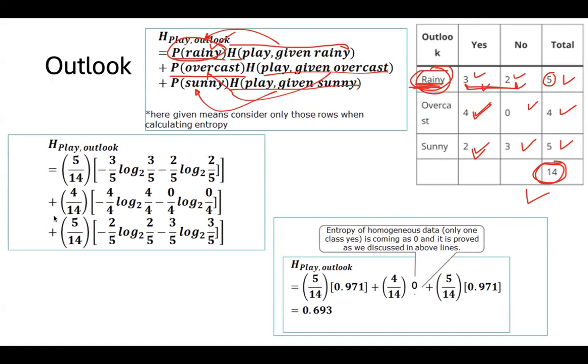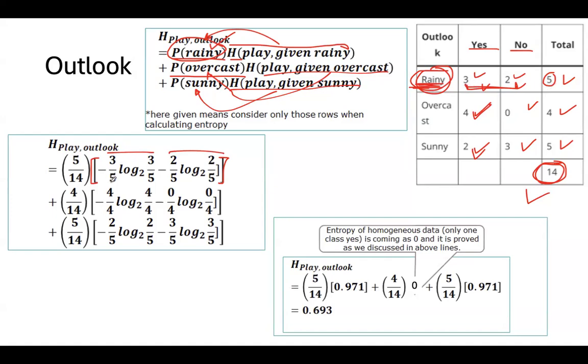Just keep this table in mind, and first of all look at what is present in the bracket. That is the entropy for the rainy season. Because there are two classes, yes and no, you calculate it for yes and you calculate it for no. For yes, how many yes are present out of a total of 5? 3 yes.